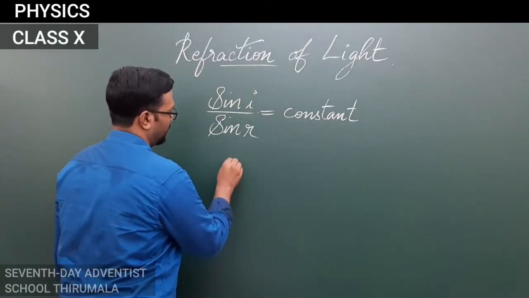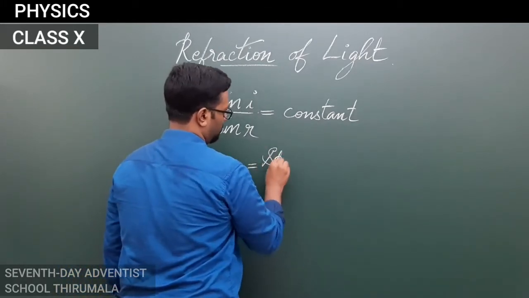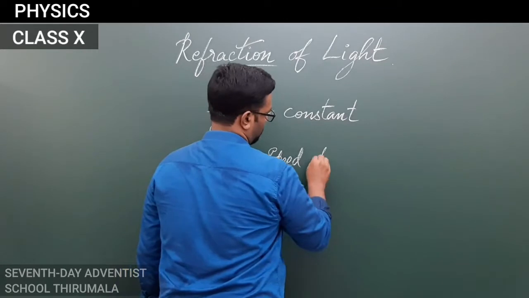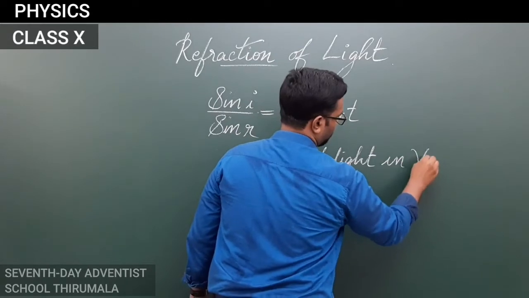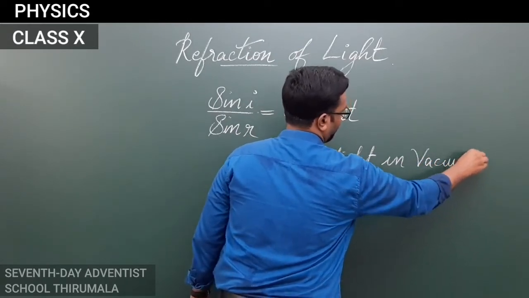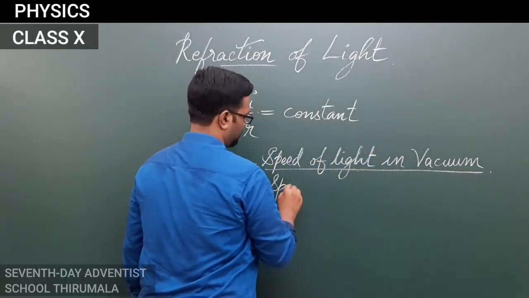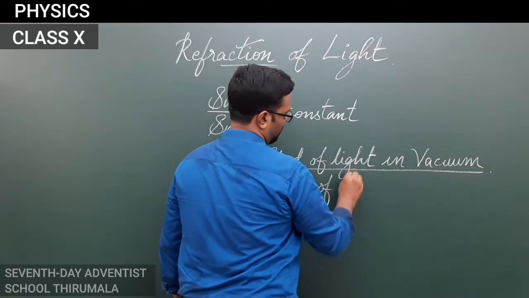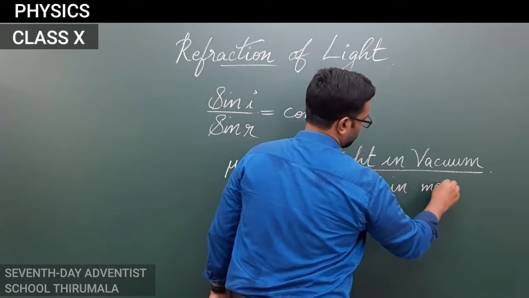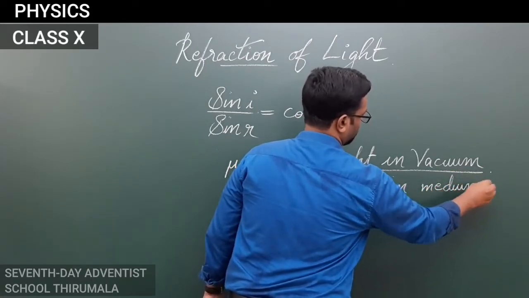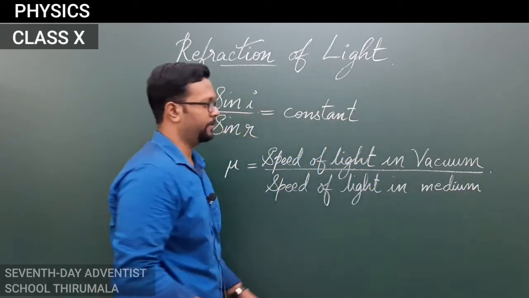For example, here refractive index can be written as speed of light in vacuum divided by speed of light in medium.